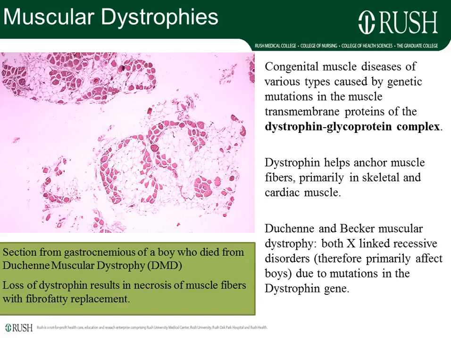And when you have a mutation in this dystrophin gene, you end up with Duchenne's and Becker's muscular dystrophies, both of which are X-linked recessive disorders. And in these situations, the muscle fibers begin to degenerate and die, and then they end up being replaced by connective tissue and fatty tissue. And that can be seen in this micrograph.